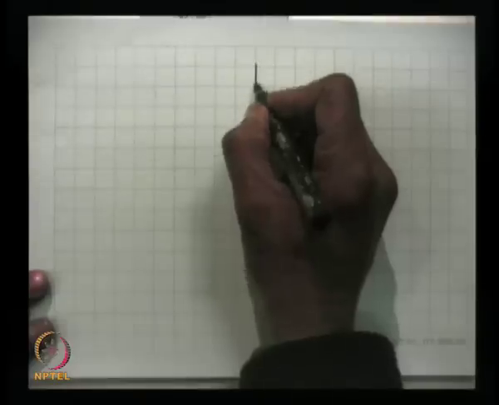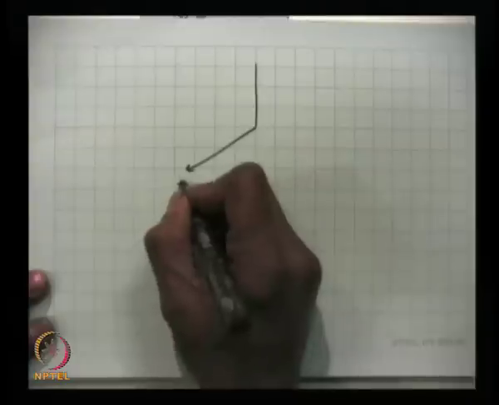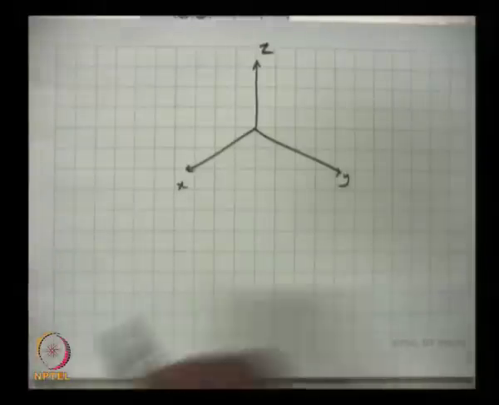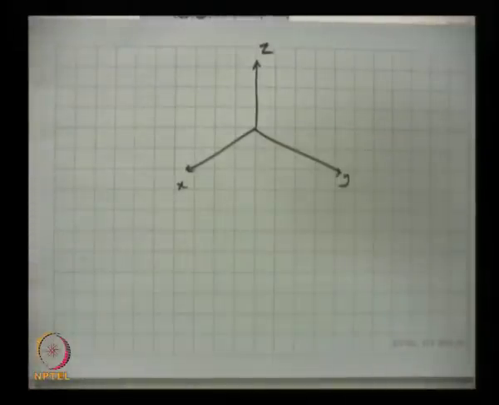What we did was an example of KDP. If you recall, we need to propagate at some direction to the optic axis to achieve phase matching, okay?